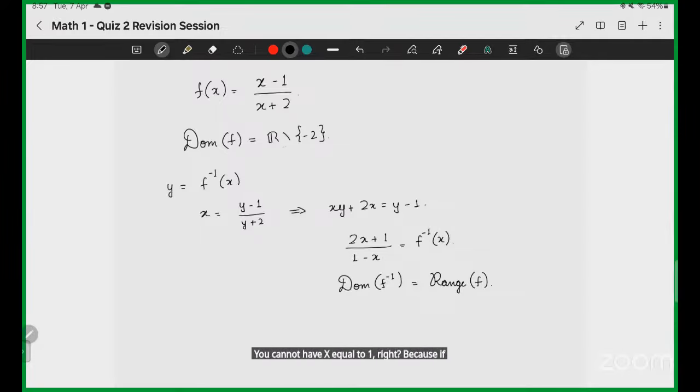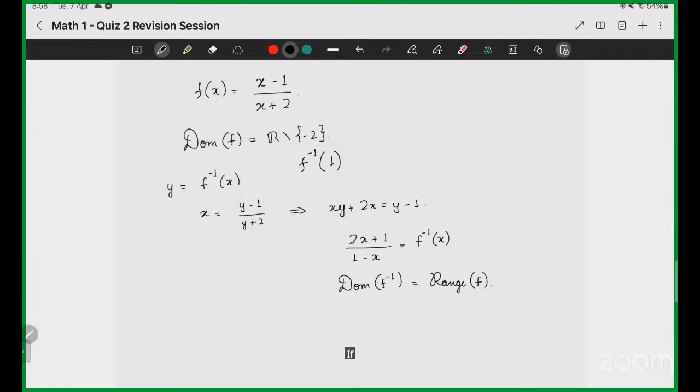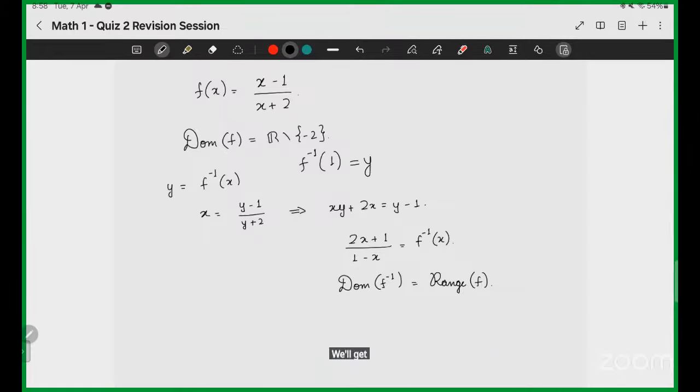Because if I start out with f inverse of 1 and do these computations, I will not get any value of y corresponding to this. You can check, we'll get 1 is equal to minus 2 or something like that. So it is doing the same thing in the background. You can use this.